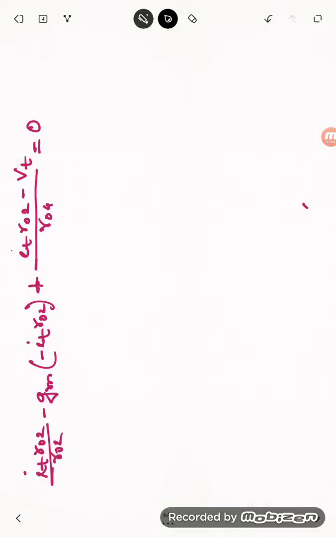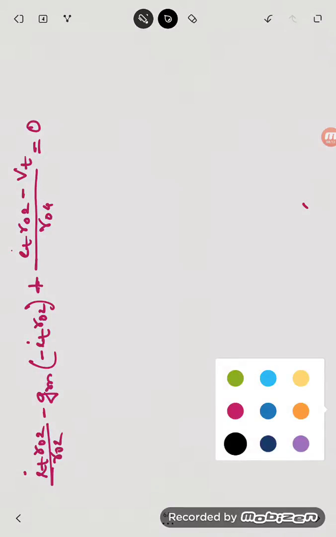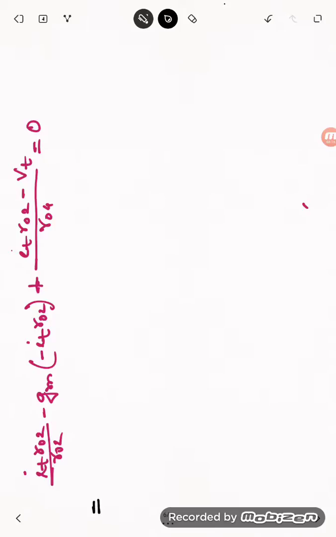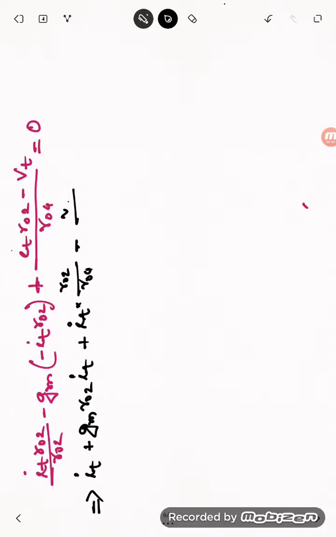Okay, if I try to simplify the math over here, you will have IT plus gm R2 times IT plus IT times R2 over R04 minus Vt over R04.